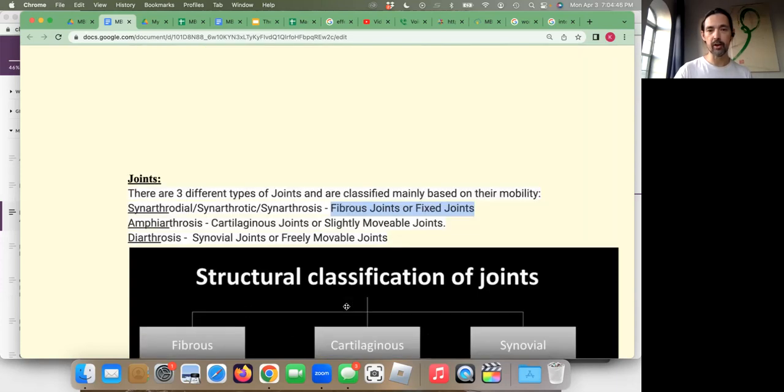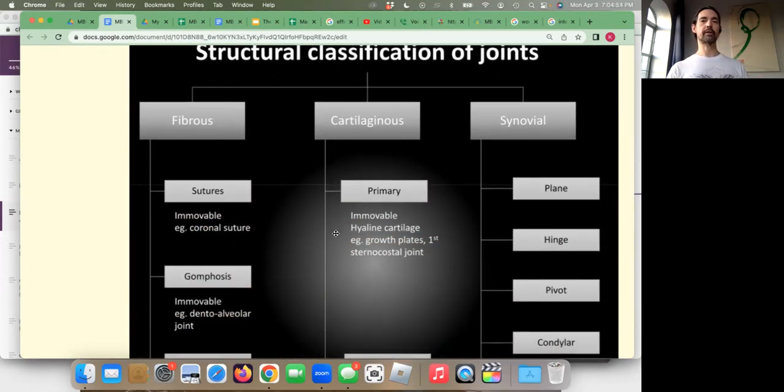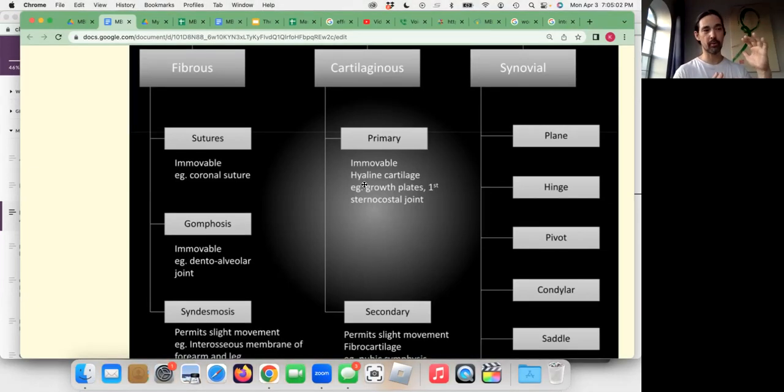And then cartilaginous joints, also known as amphiarthrosis, amphiarthrodial, amphiarthrotic joints. Cartilaginous or amphiarthrotic joints allow for some movement. The primary ones are between the harder middle portion of the bone and the softer portion of the bone in a young person, and that line is called the growth plate.